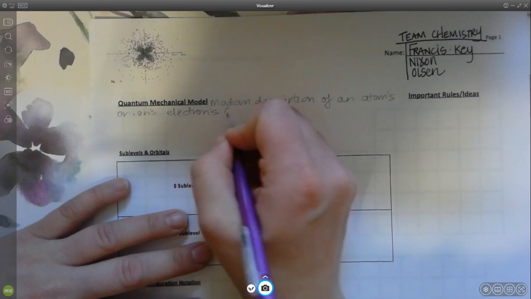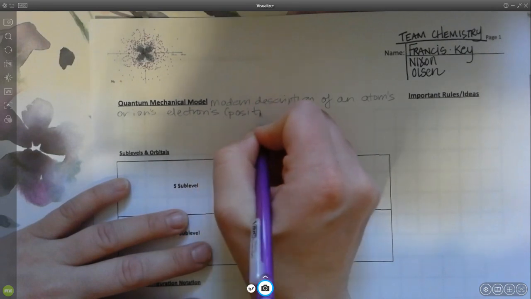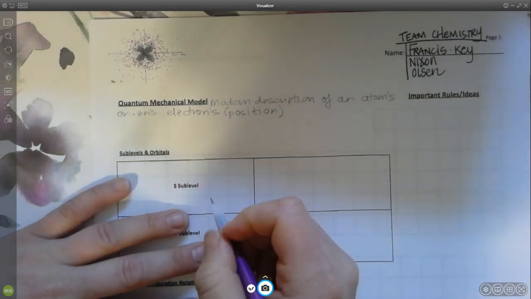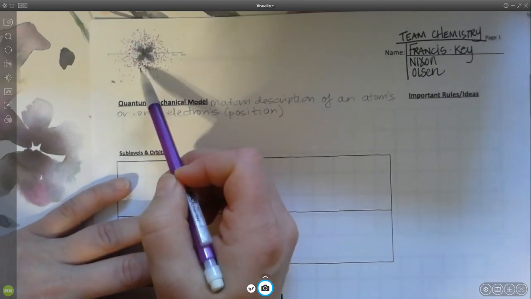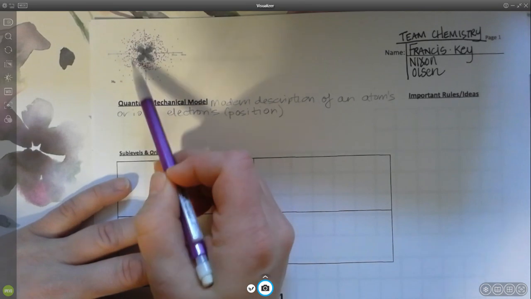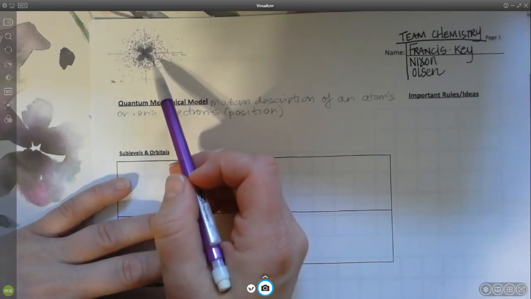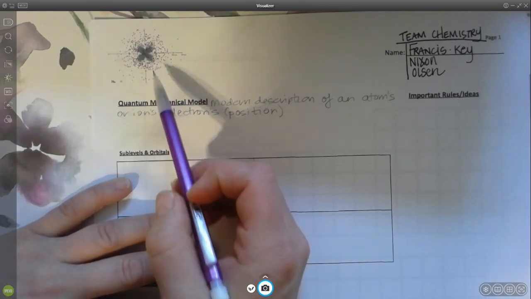So this helps us to know where we might find an electron. And so I've got a picture up here, and you can see all these dots. This atom doesn't have all of these electrons, so each dot is a little electron. But it's showing all the possible positions.